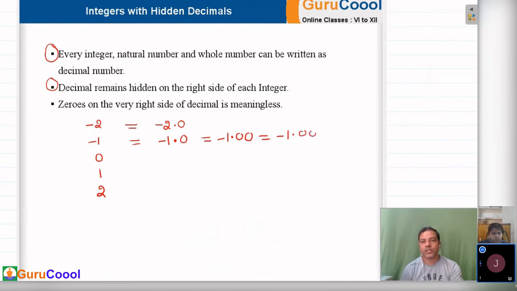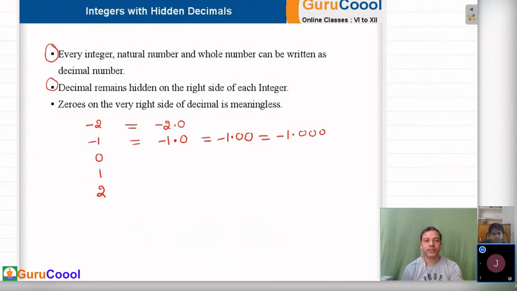This is still the same. You can put as many zeros as you want. Minus 1, minus 1.0, minus 1.00, minus 1.000. They are all the same.